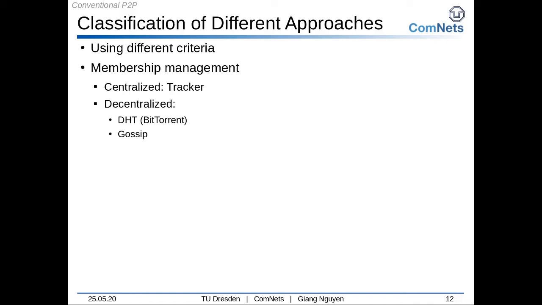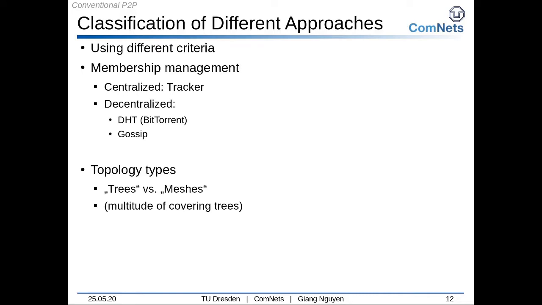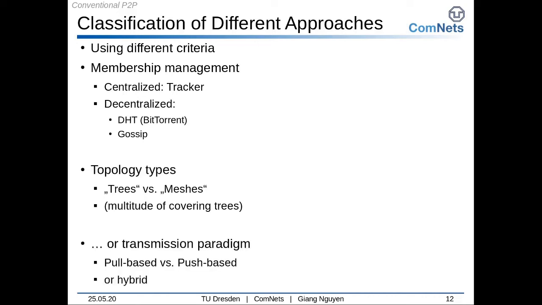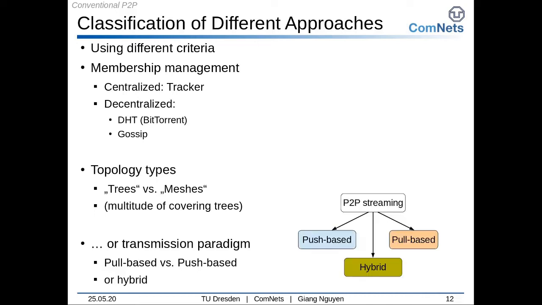Especially in peer-to-peer video streaming, we classify the systems according to the type of topology, which are either trees or mesh, and also the way the video packets are disseminated over the connections, which is either pull-based or push-based.